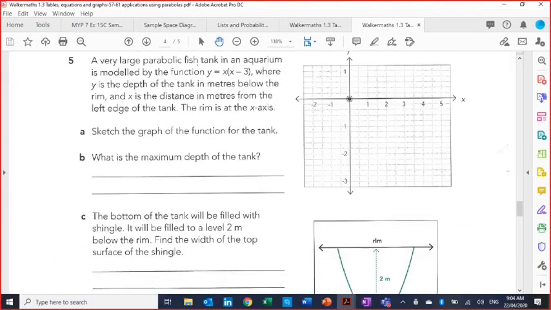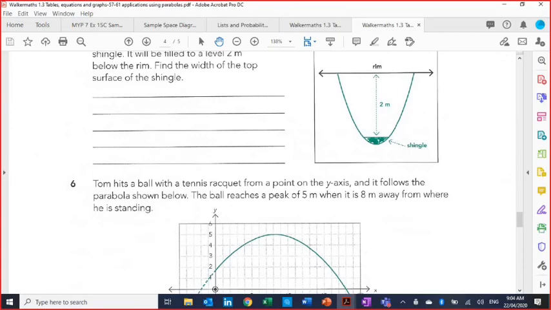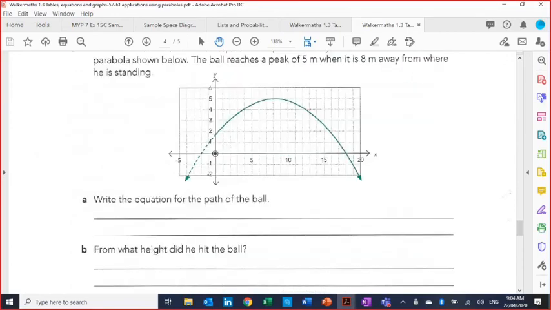Okay. Now I want to go to this one, which is kind of like the light ones, except that the vertex is at the bottom. This one, notice that there's a dotted line here to finish off the parabola. That's because this guy is hitting the ball, and remember, you don't usually lie on the ground when you hit a ball, right?